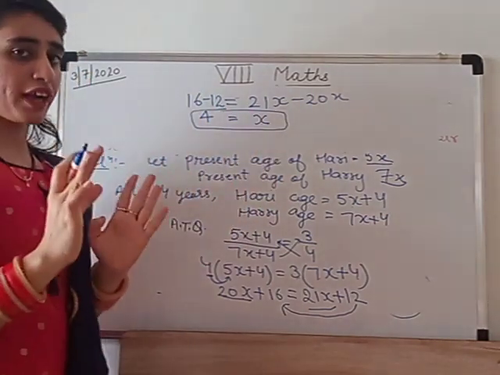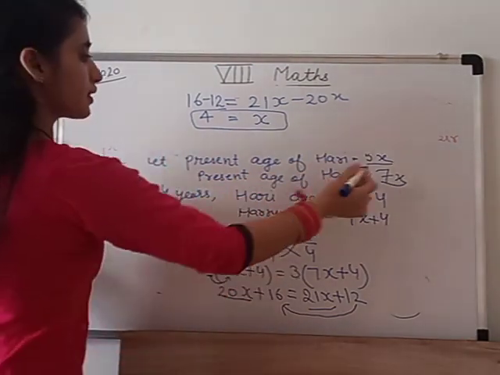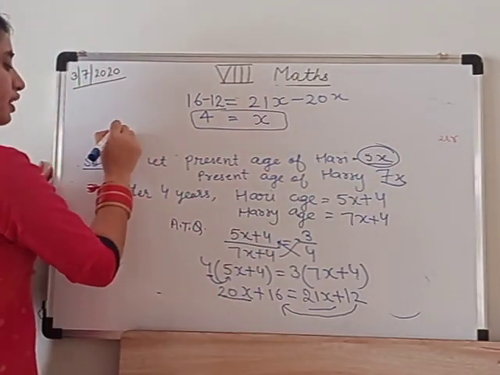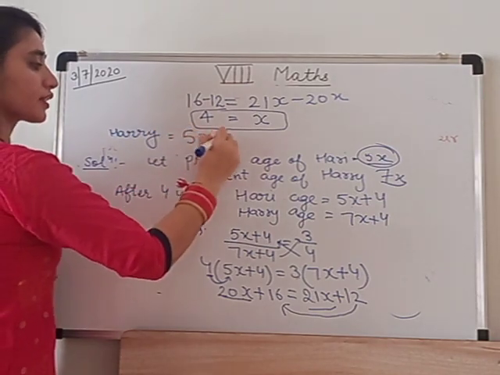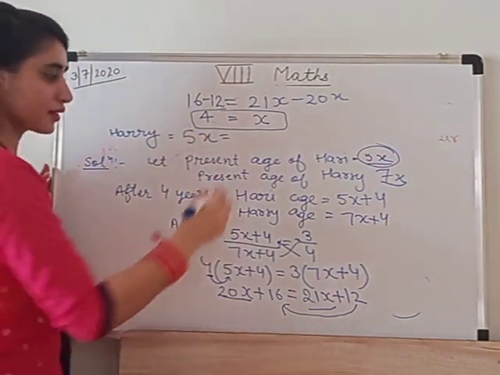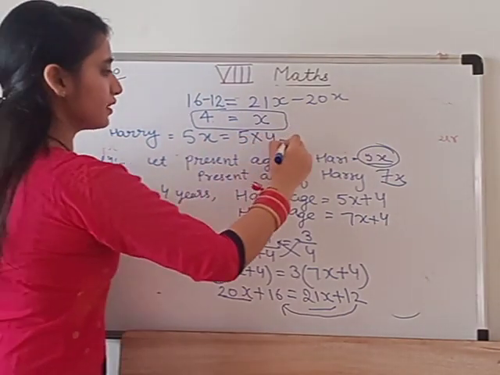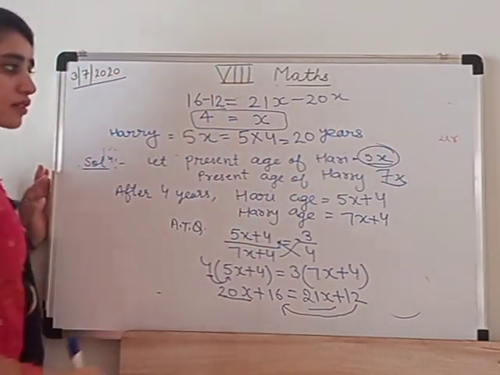Now we have to find the present ages of Hari and Harry. The present age of Hari is 5x. Put the value of x in this: 5 into 4 means the age of Hari is 20 years.